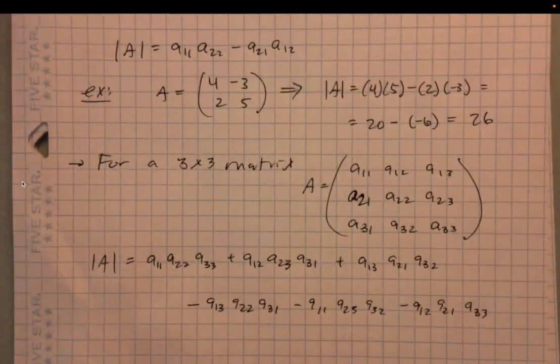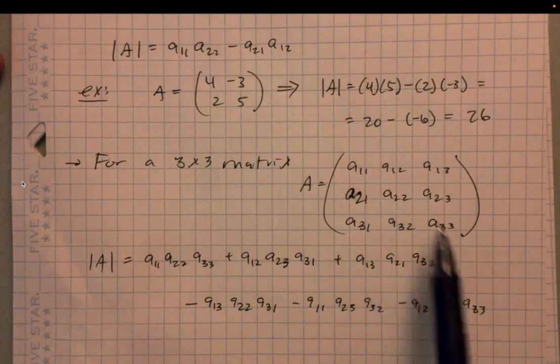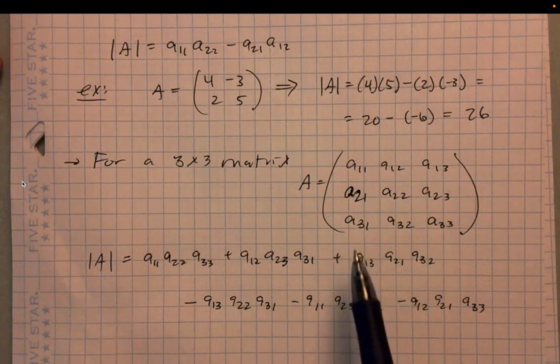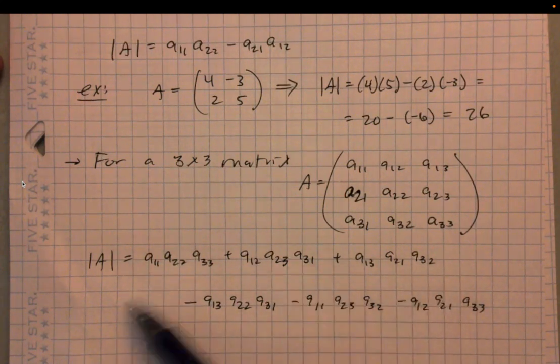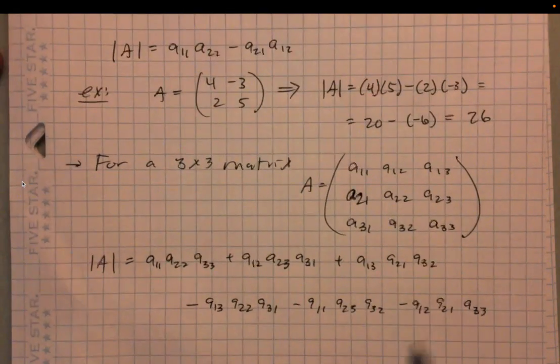Now you can see, just going up from a 2 by 2 to a 3 by 3, the complexity of the calculation grows very rapidly, right? So you can only imagine what the sort of brute force calculation for a 4 by 4 determinant would look like. It would be much, much larger yet.